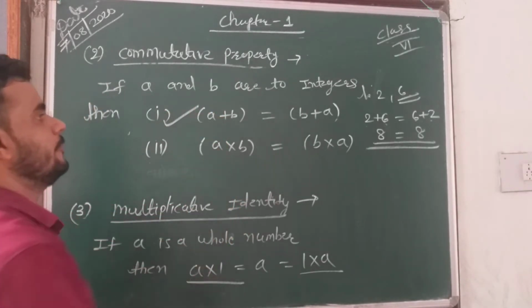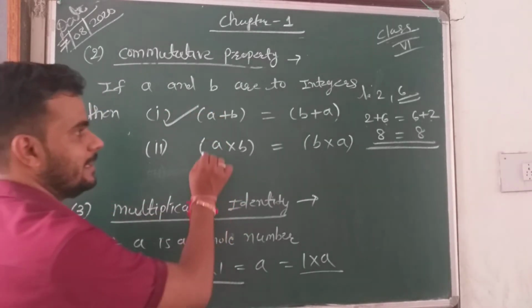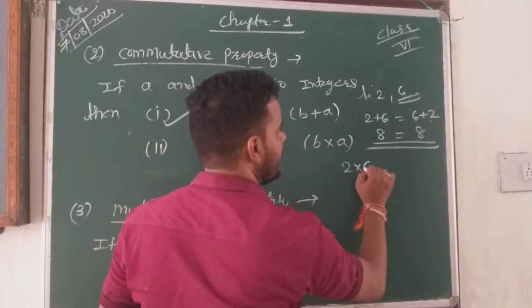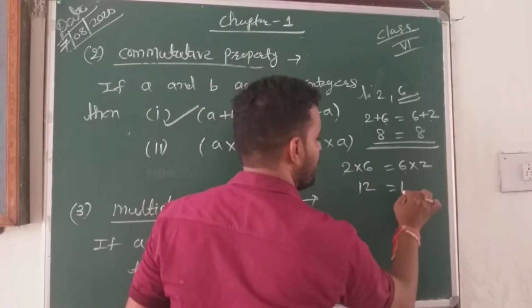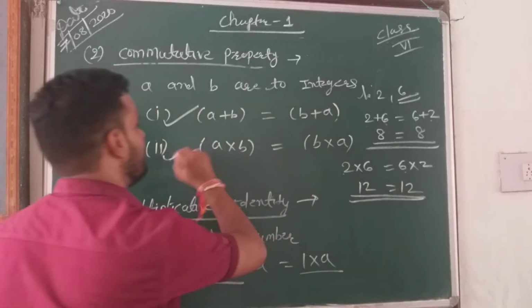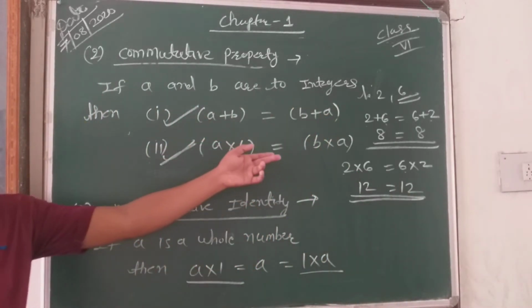This is the verification of commutative property. Then 2 multiply 6 equals 6 multiply 2. 2 multiply 6 is 12, and 6 multiply 2 is also 12. This is the verification of the commutative property for multiplication.